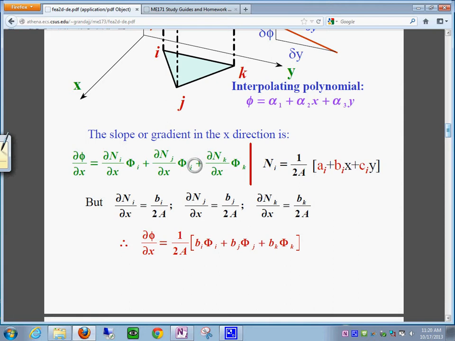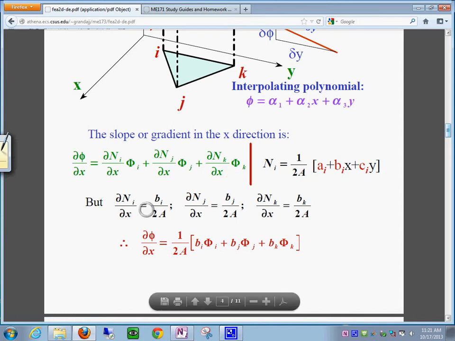We can also say that the slope is the gradient in the x direction, but also the gradient in the y. So you have d phi dx is dN sub i dx times phi sub i plus dN sub j dx phi sub j plus dN sub k dx phi sub k.